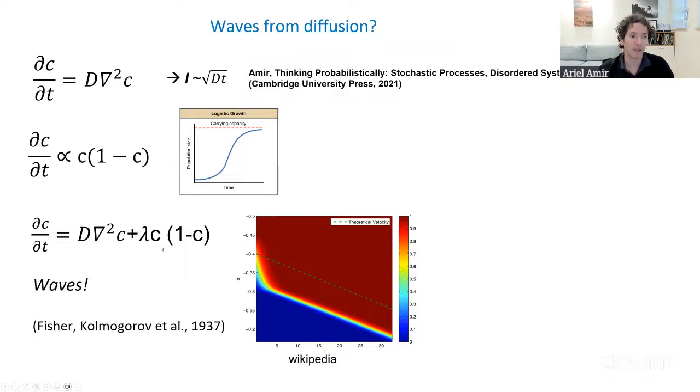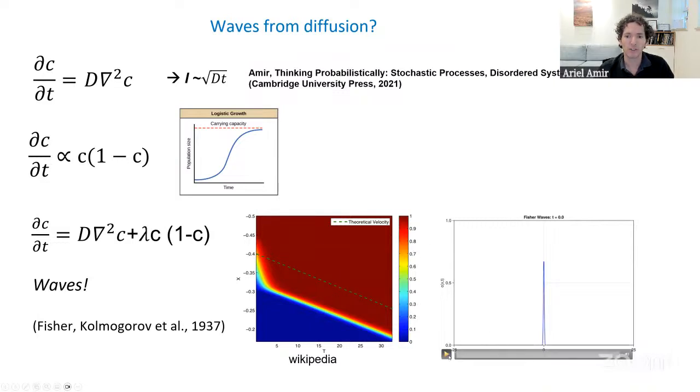And something like this was the initial motivation of Fisher, for instance. And it turns out that if you solve this equation, you get waves. So this is the heat map of the solution. And here is a simple simulation that you can write with a few lines of code. And you see, after an initial transient, you get a ballistic propagation of this wave.